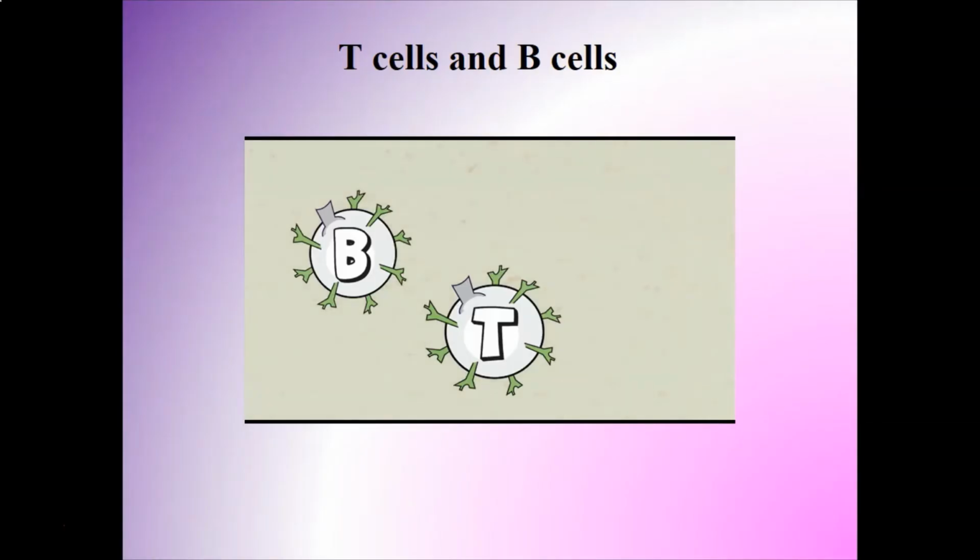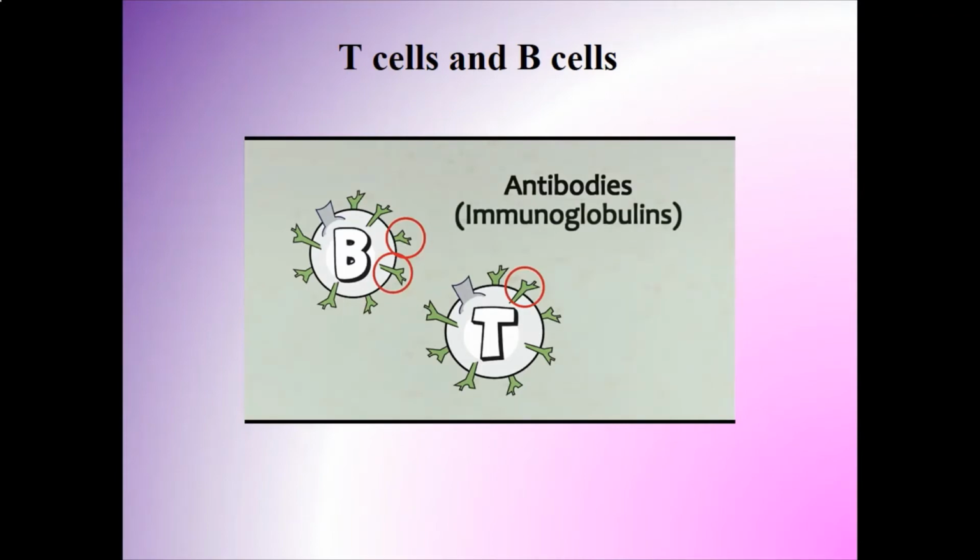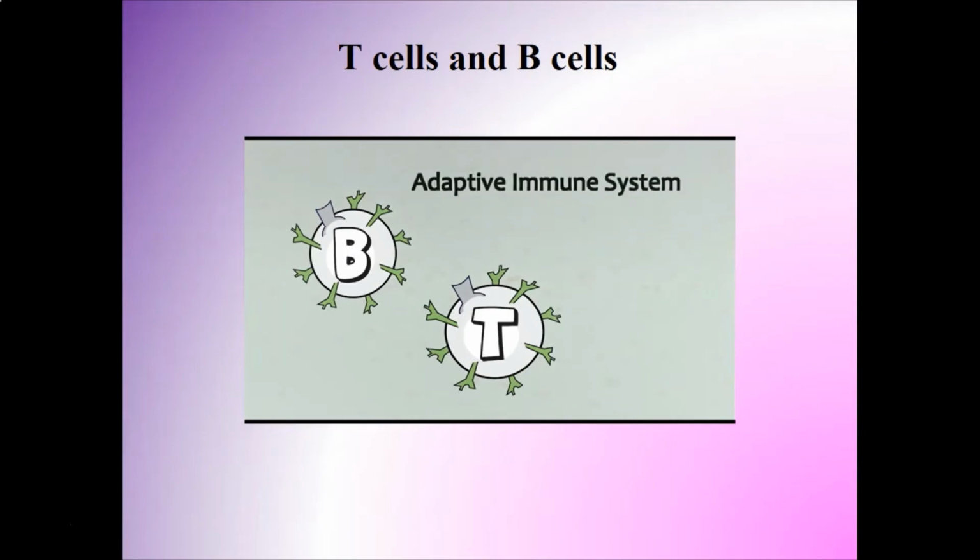Both B cells and T cells utilize surface receptors in activating their functions. These surface receptors are protein molecules commonly known as antibodies, and formally known as immunoglobulins. B cells and T cells are primarily associated with our adaptive immune system, and they work together in dynamic ways to detect and eliminate an almost endless number of antigens.